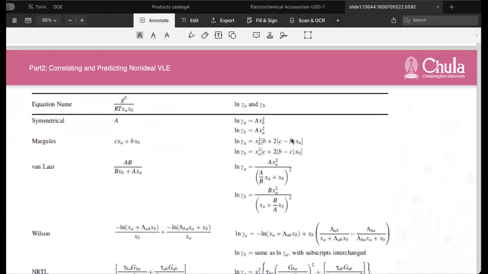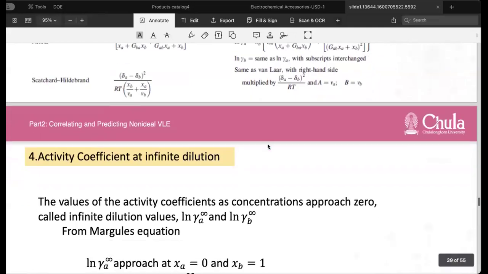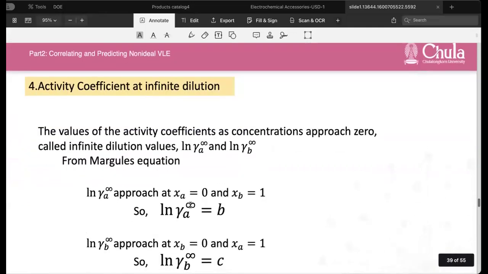This term becomes 0, this is 1, so log gamma A infinity becomes B. And you see that if we know the gamma at this condition, we can determine the parameter B by using only one experiment. Log gamma A infinity is B.